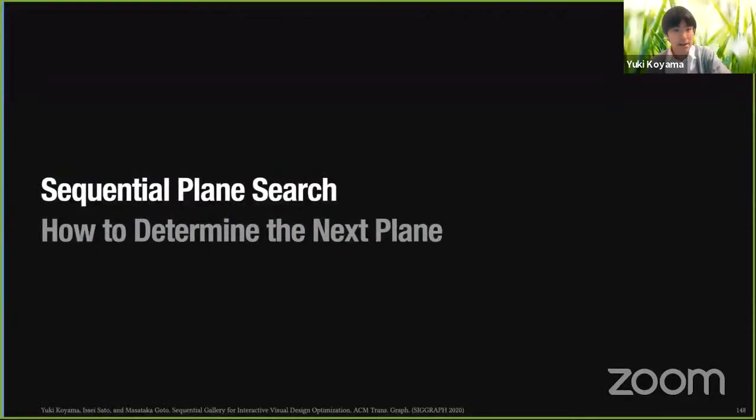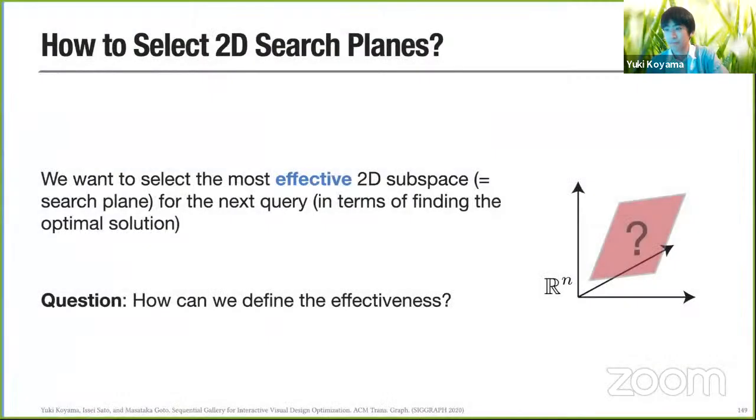Okay, so one question would be, how can we determine the next plane in each iteration? In each iteration, we want to select the most effective 2D subspace, or search plane, for the next query. The effectiveness here is in terms of finding the optimal solution. The question is how to define the effectiveness.